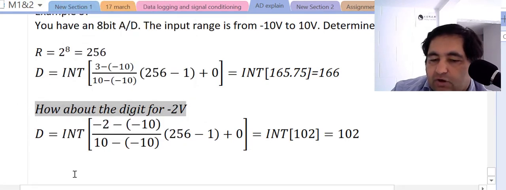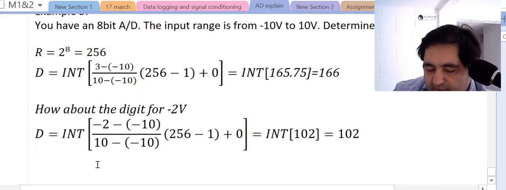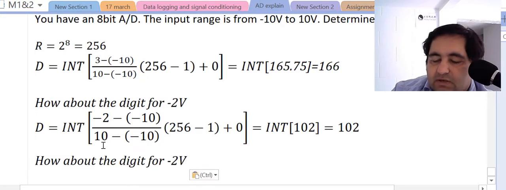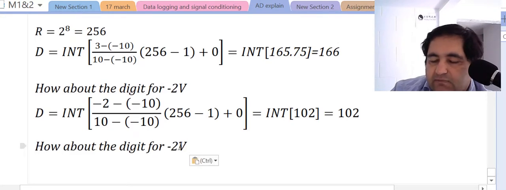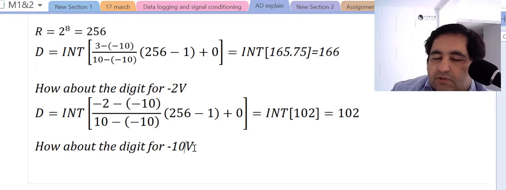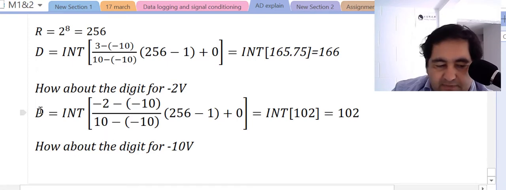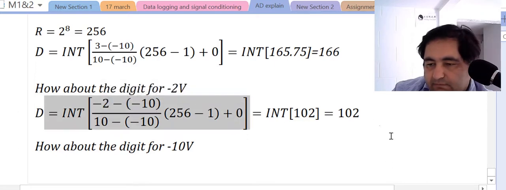I hope that you are doing this stuff as I am doing it. So how about I just go for a different number. How about minus 10 volt? Minus 10 volt was the minimum value, right? So let's try that and see what's going to happen for minus 10 volt.